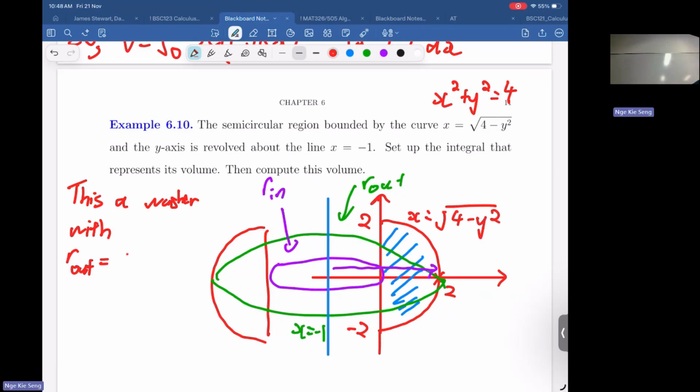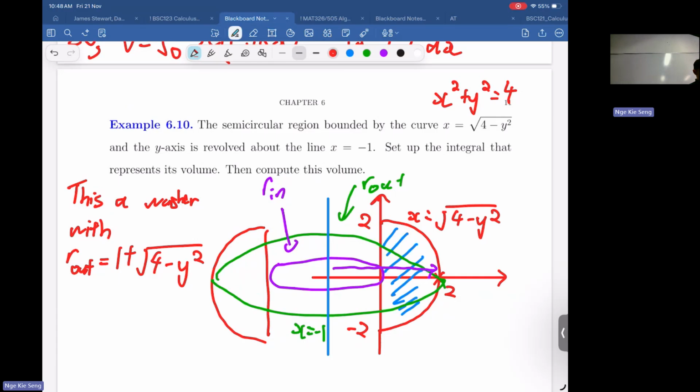Is it enough that I put square root of 4 minus y squared here for your R out? Where do you measure your radius from? You have to measure from your axis. But did you notice that your circle only measures from y equals 0? So you need to add the extra one here, all the way from your revolving axis. So actually your R out is 1 plus the semicircle.